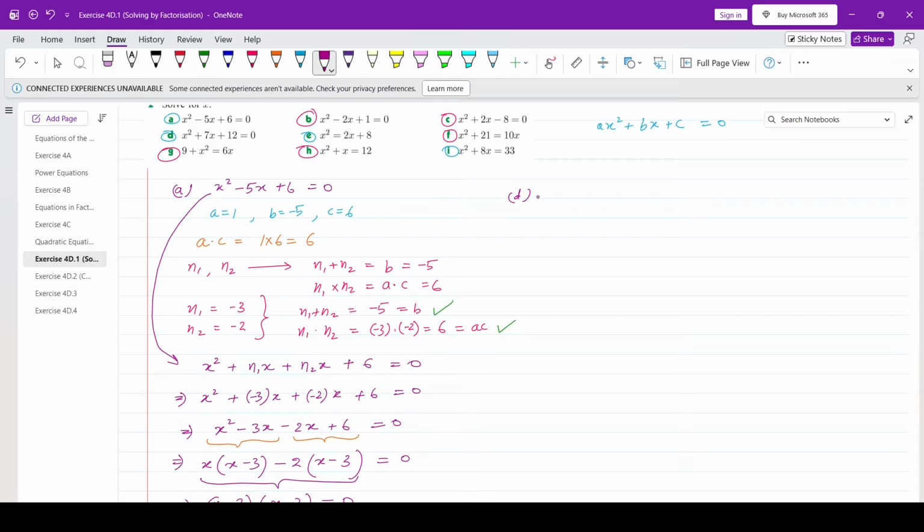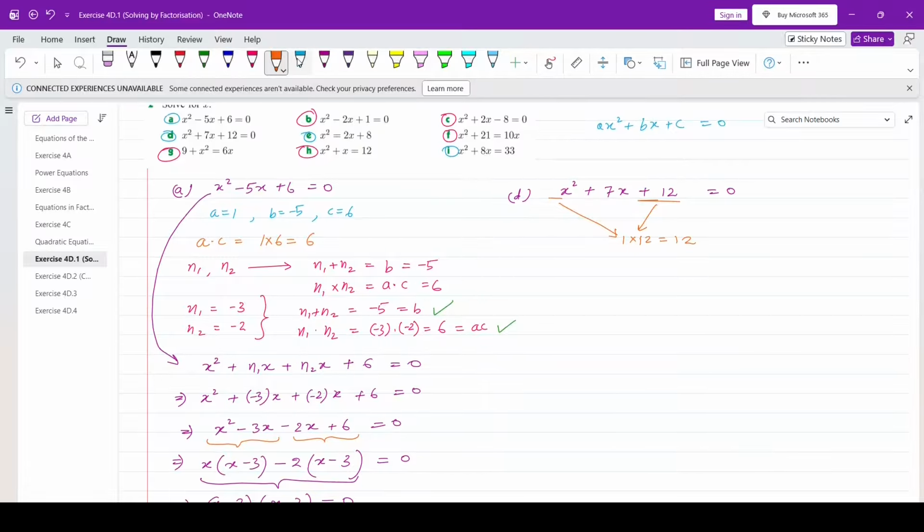Now d is x square plus 7x plus 12 is equal to 0. Now we'll do this question using some shortcuts. So we know this is a and this is c. So the multiplication of these two numbers is 1 times 12, that is 12.